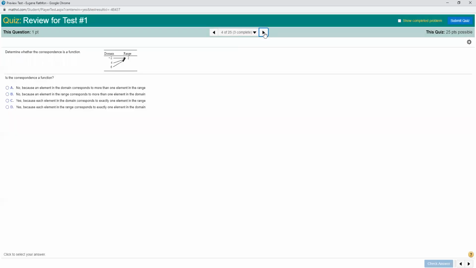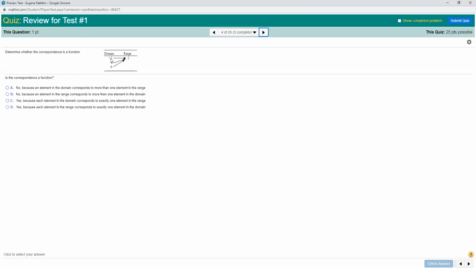All right, so they want to know if this correspondence is a function. So for that to be a function, every one of these domain values, -2, 4, and 6, can only have one and only one y value.